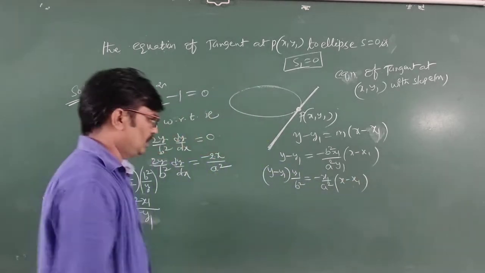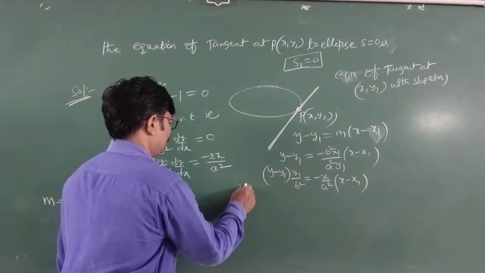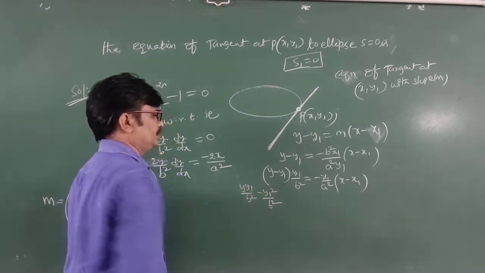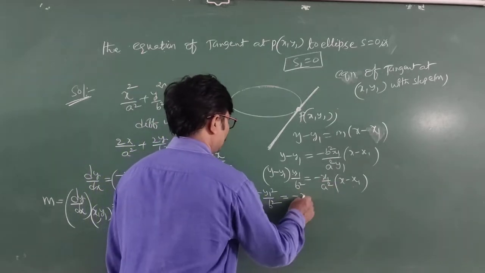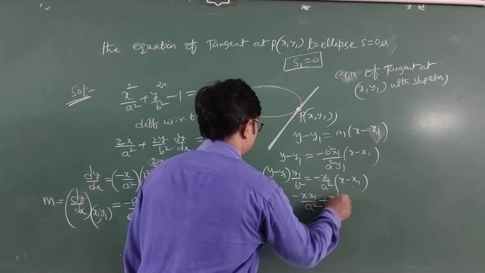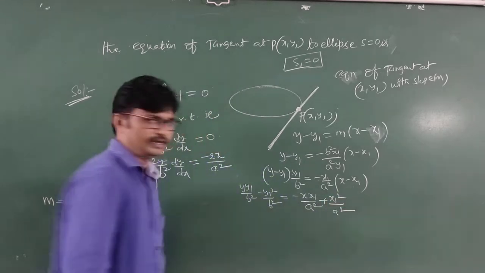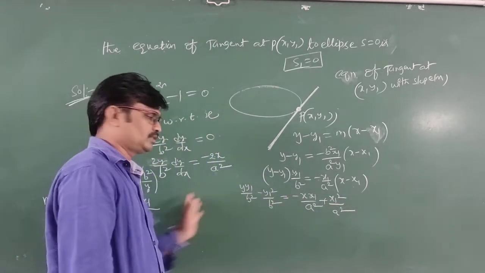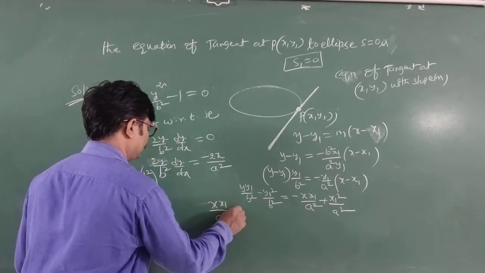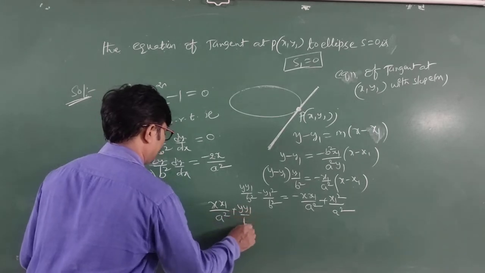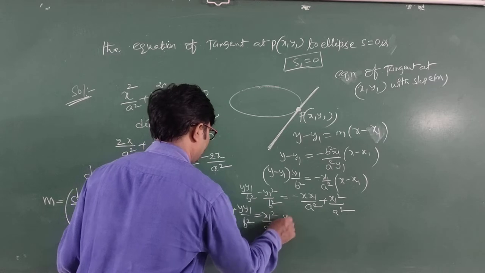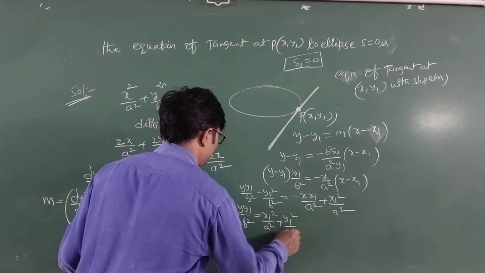So we can write this as y y1 by b square minus y1 square by b square equals minus x x1 by a square plus x1 square by a square. The minus terms are sent to the other side. This is x x1 by a square plus y y1 by b square equal to x1 square by a square plus y1 square by b square.